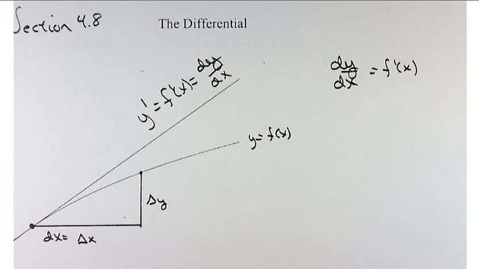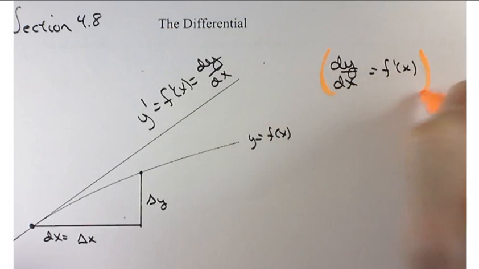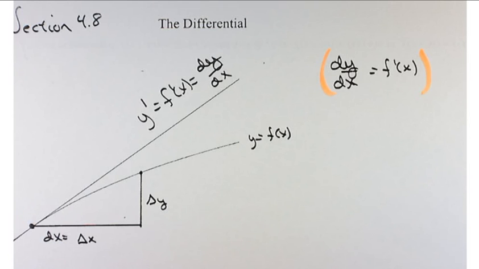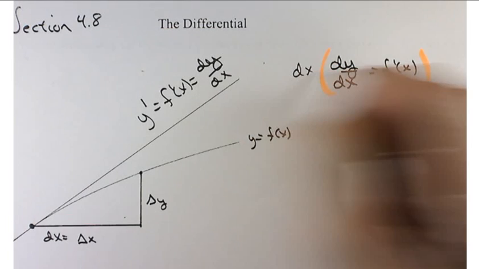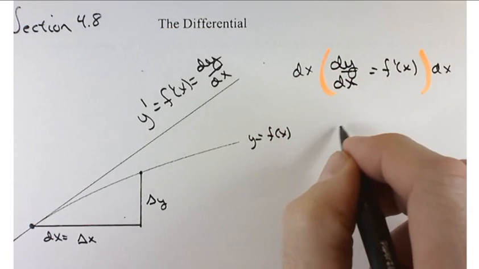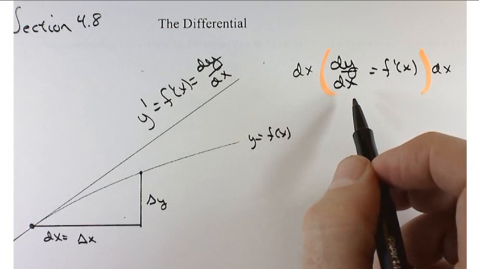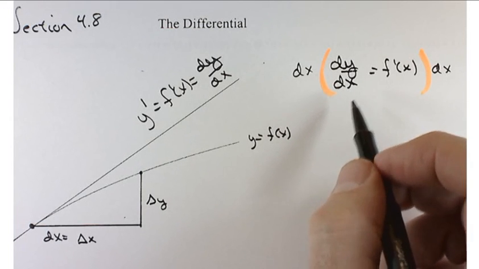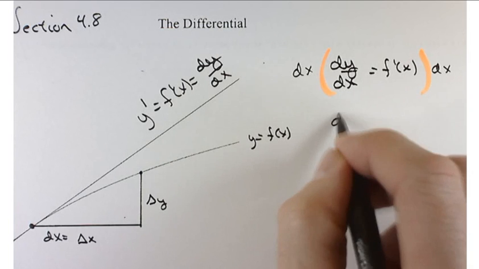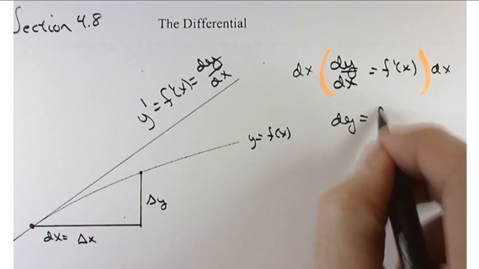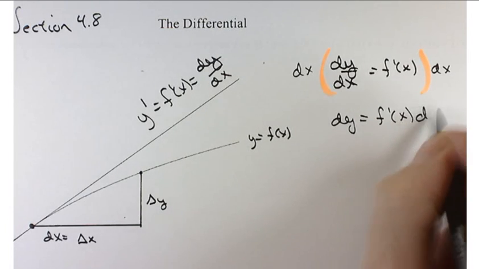But I actually know what dx is. dx is just delta x. So let's take this equation and multiply both sides of it by dx. What's going to happen on the left-hand side? You're going to get some cancellation here, right? dy, and on the right-hand side it's just going to be f prime of x dx.